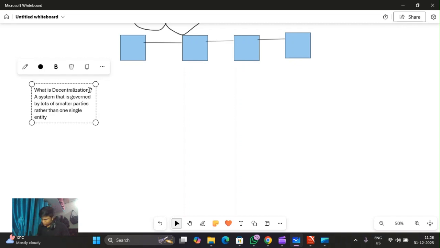So simply, decentralization means a system that is governed by lots of smaller parties rather than a single entity. Like there's an open chain, anyone can see the transactions in that, but no one can control it. It's an open source system, everyone can access it, use it, and mine it.